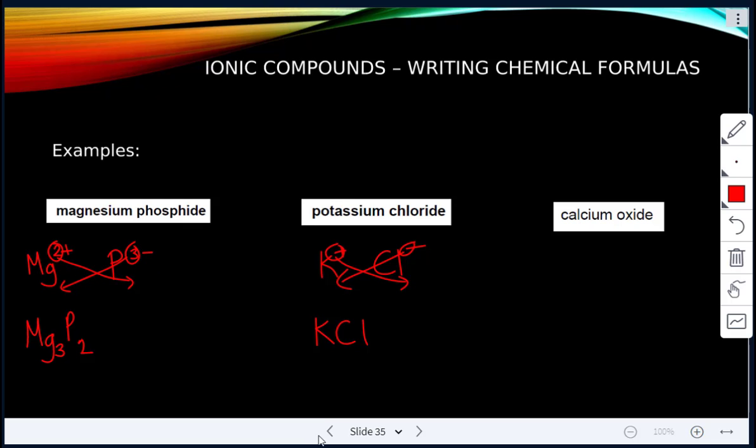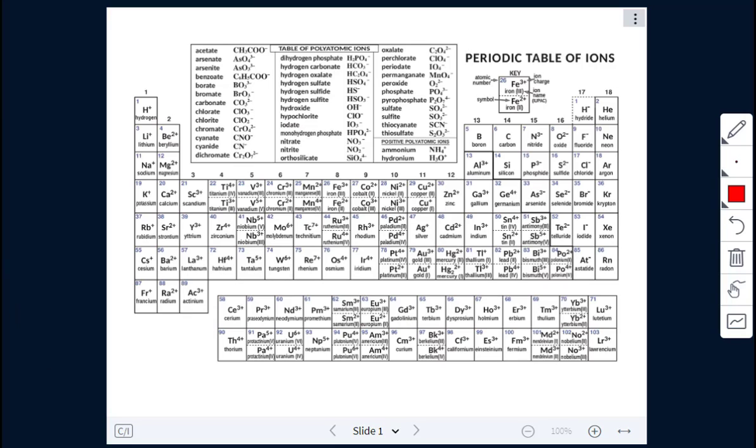All right, last one, calcium oxide. So our next example is calcium and oxygen. So calcium is right here, 2 plus charge, and oxygen is here with the 2 minus charge.